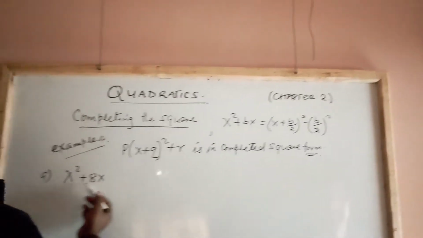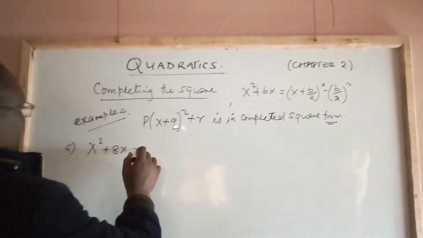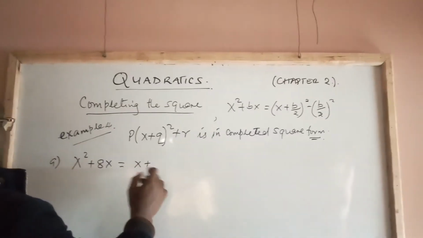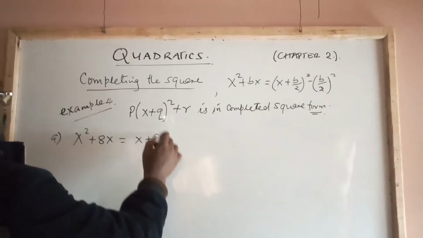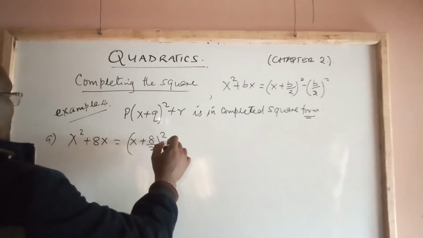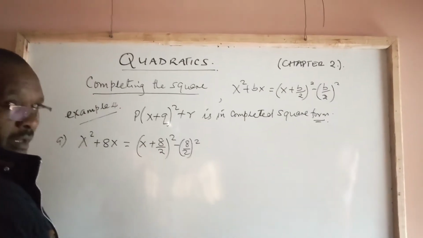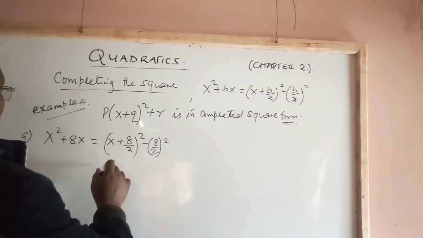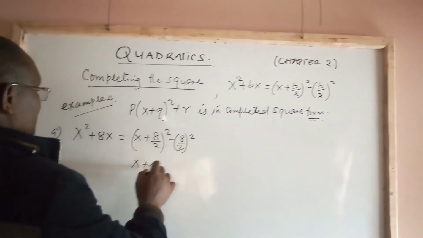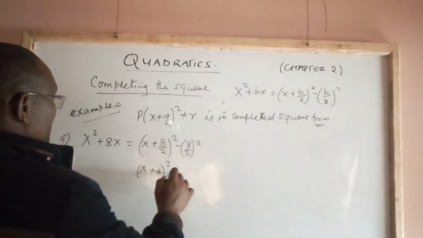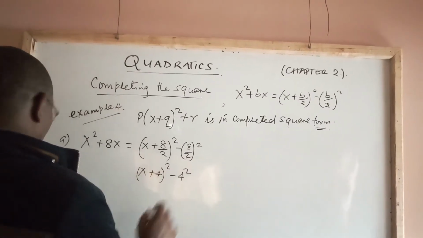So our a is 1 and our b is 8. This is basically (x plus 8 over 2) squared minus (8 over 2) squared. If you simplify this, you're going to have (x plus 4) squared minus 4 squared.